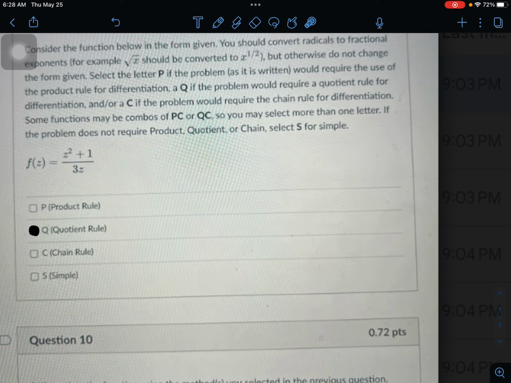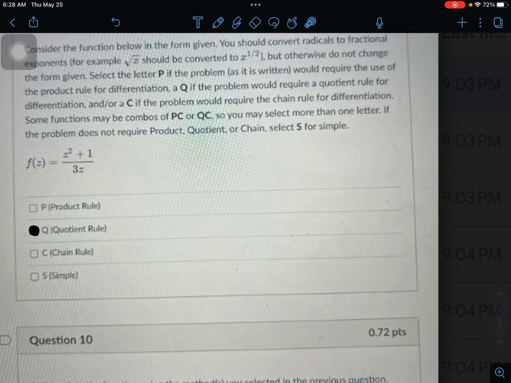But I am not thinking they want you to put that. I think they just want you to put the quotient rule. Because when you take the derivative of this, you don't have to use the product rule. So I'm thinking it's just the quotient rule. That's a little tricky. It could possibly be a P and a Q, but I'm thinking they just want the quotient rule on that one. That one's a little tricky, exactly what they want on that.